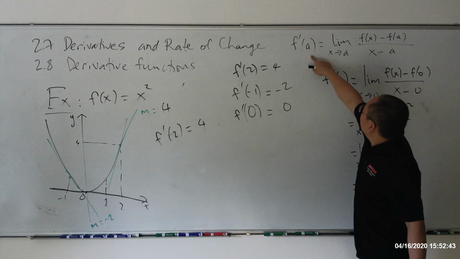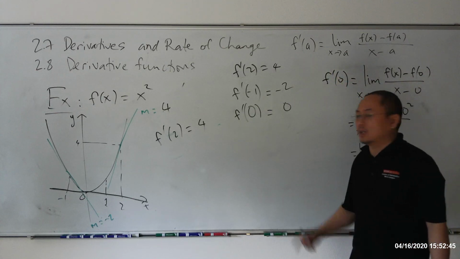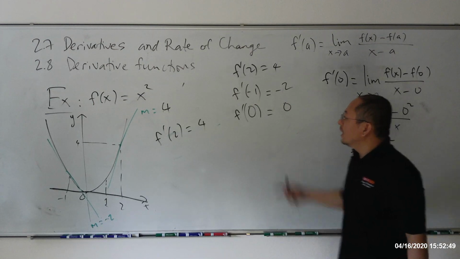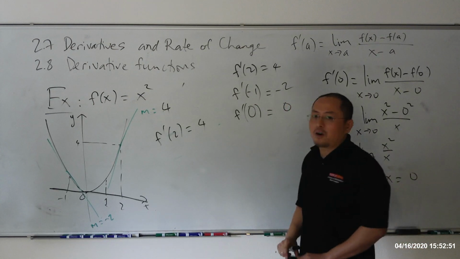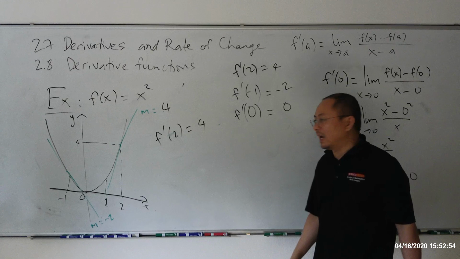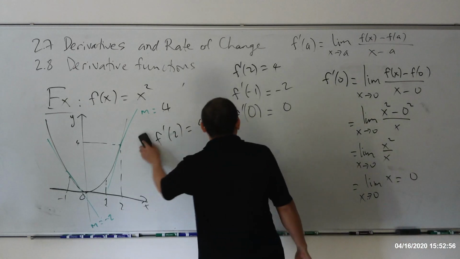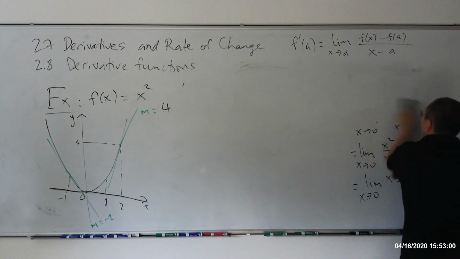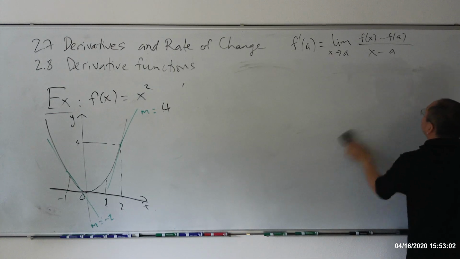So instead of plugging the value into the derivative function at the beginning and calculating the slope at that specific point, we don't do that. We find the derivative function in general first, and we plug in the value later. That will be more effective. This is what I mean.